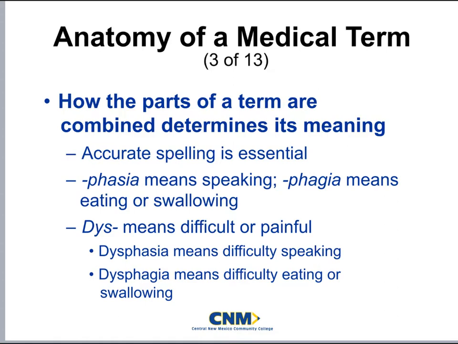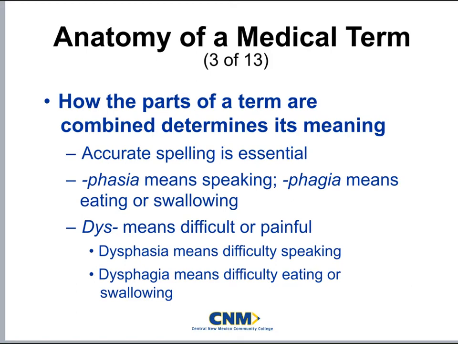Here's a reason why. In medical terminology, words can sound the same but have different meanings. So phasia, P-H-A-S-I-A, means speaking. Phagia sounds exactly the same. P-H-A-G-I-A means eating or swallowing. Dys, D-Y-S, means difficult or painful. Dysphasia means difficulty speaking.